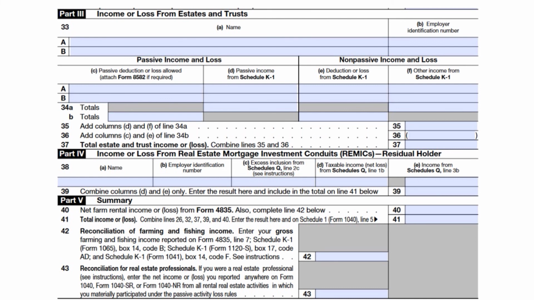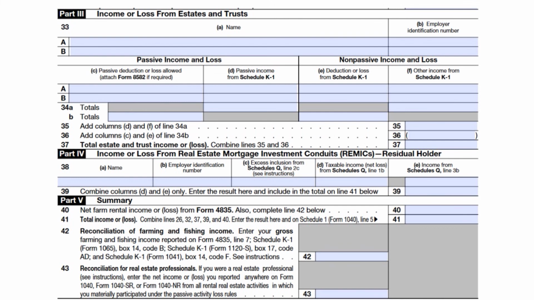You total everything on line 34, and line 35 is pretty self-explanatory. And on line 37, this is where you put the total income or loss from the estate or trust, and you do this by combining line 35 and line 36. So that's for part 3.